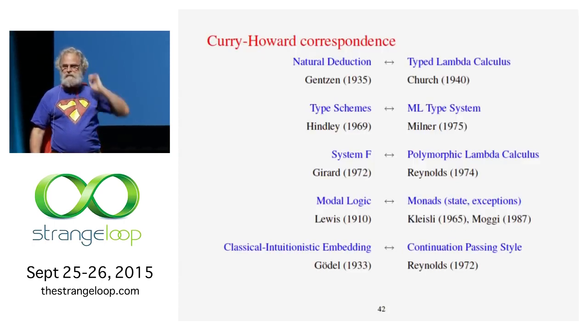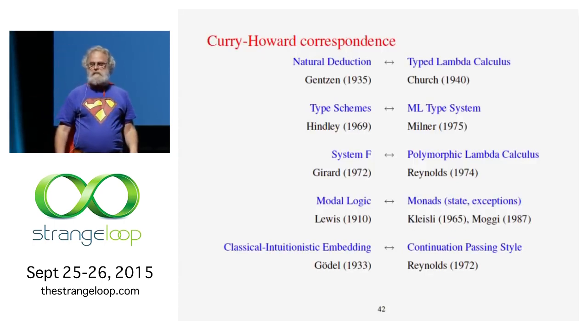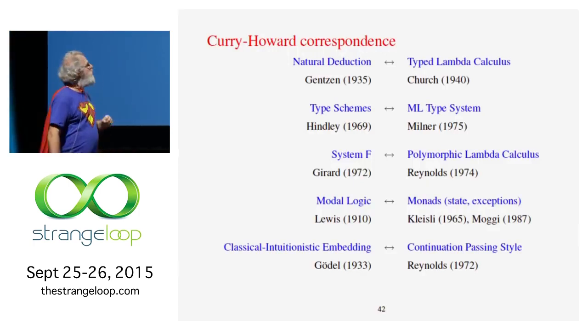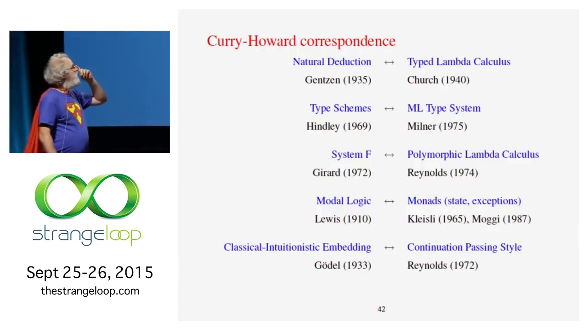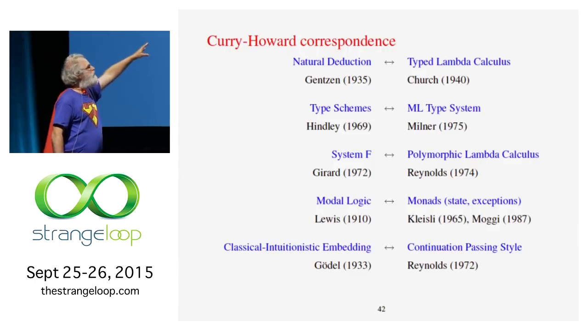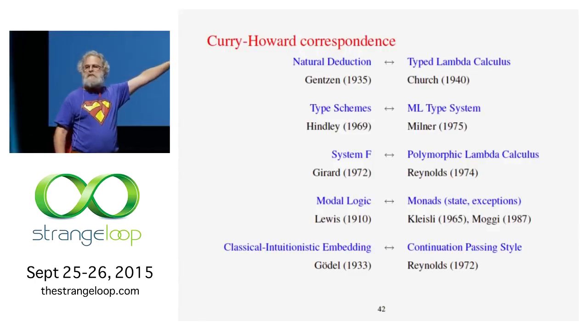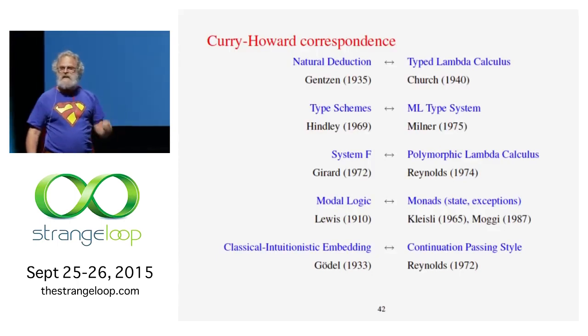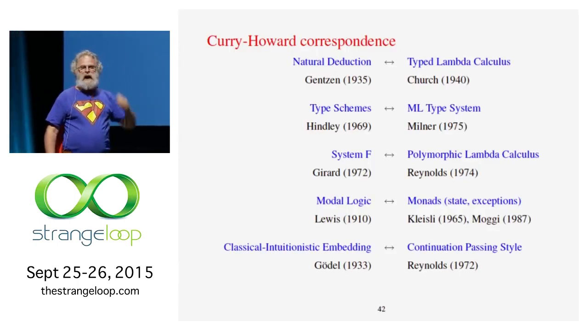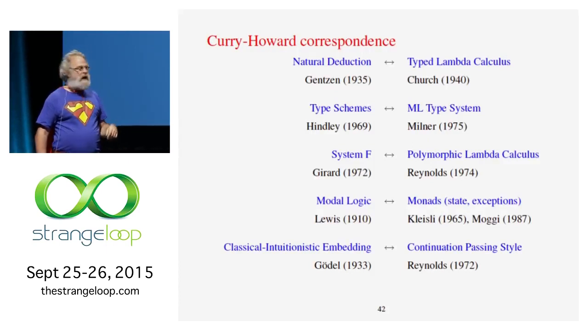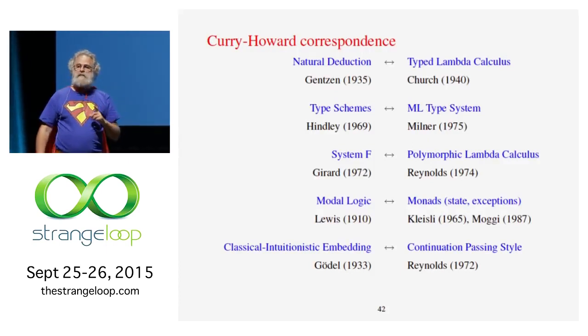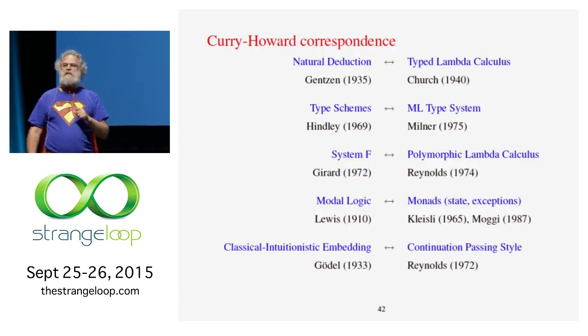Question? Do you think there'll ever be a case where computer scientists will discover one of these correspondences before a logician? Oh, brilliant question. So this fellow was noticing, look, the logicians always get there before the computer scientists. Will the computer scientists ever get there first? That's a very good question. I suspect the logicians always get there first because they've been at it longer. But for instance, linear logic was discovered twice.